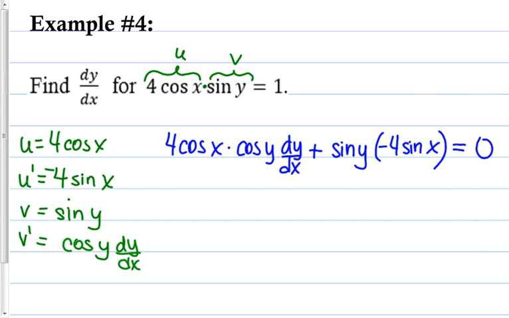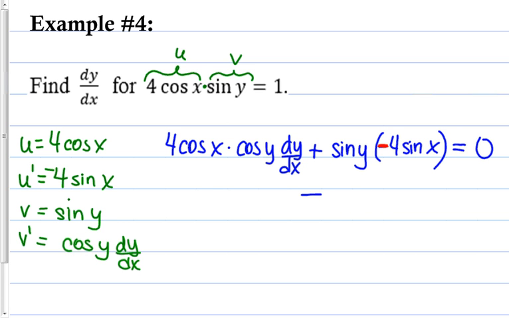So that's convenient. So what I'm going to do is move what isn't attached to a dy/dx. But before I do that, I would like to take care of this negative right here. That negative 4 sine x and sine y being multiplied is just basically minus sine y, or you know what, I'll do the sine x.